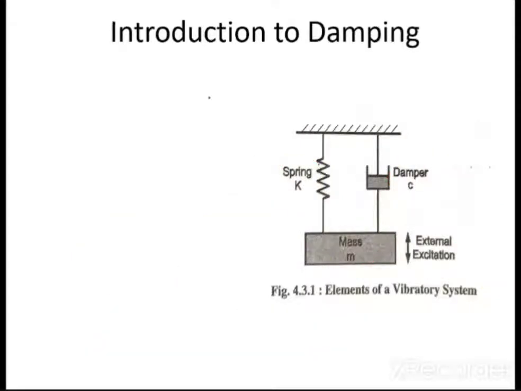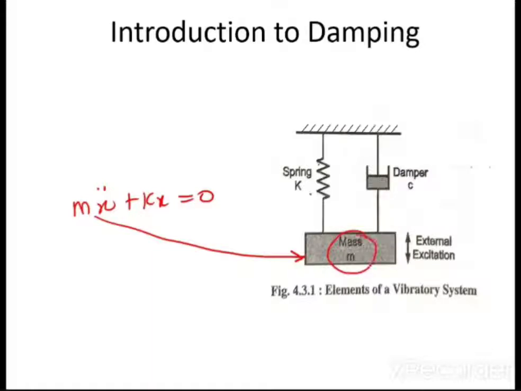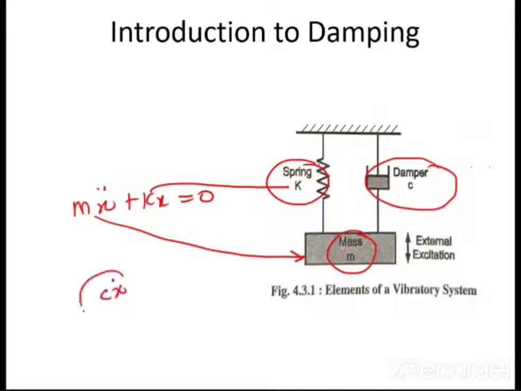So now this system becomes M, C, K. What was the equation of motion for module number 3, free undamped? We were getting m x double dot plus k x equal to 0. The term m x double dot is the inertia force, which governs the mass, and k x is the spring force, which governs the spring. Now we have a third element, the damper, so we have the term c x dot. The equation of motion becomes m x double dot plus c x dot plus k x equal to 0.